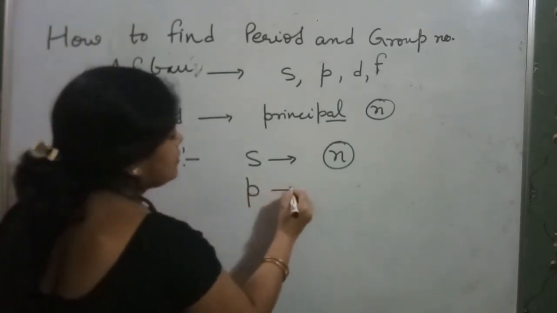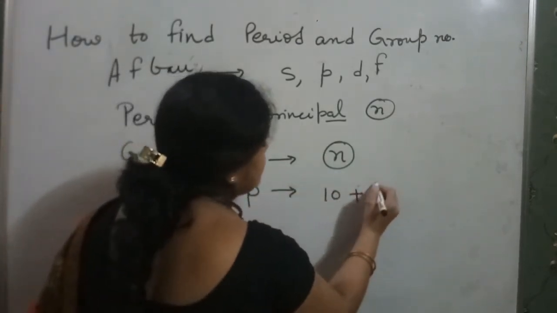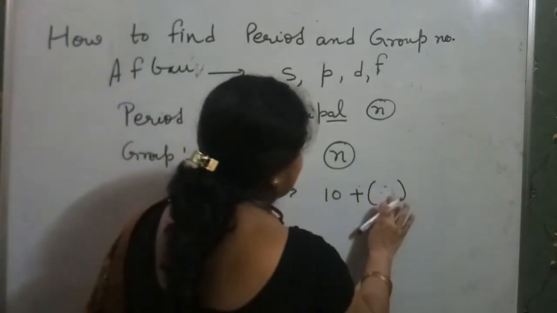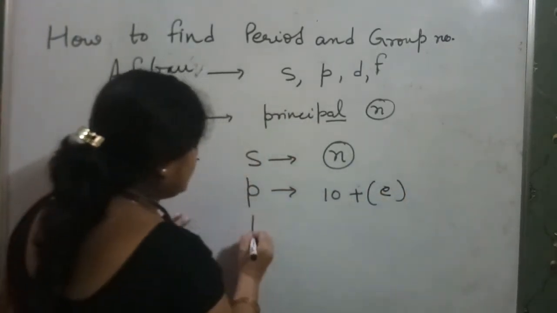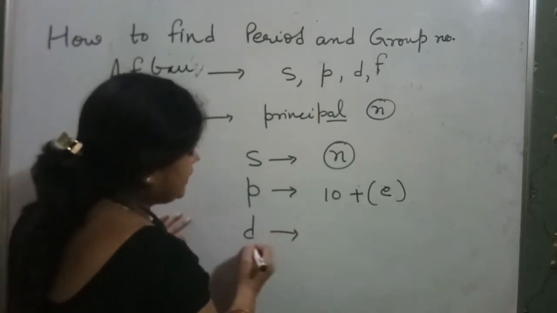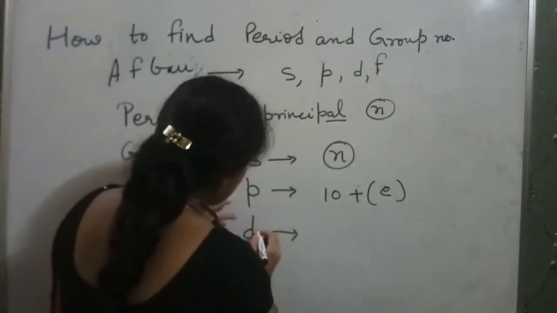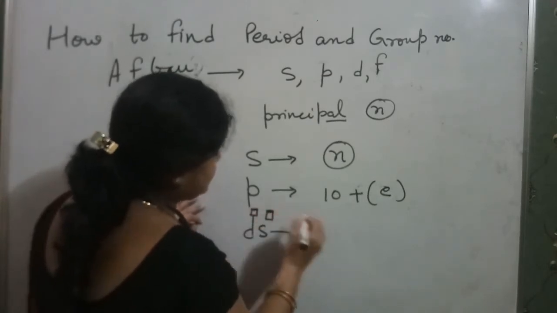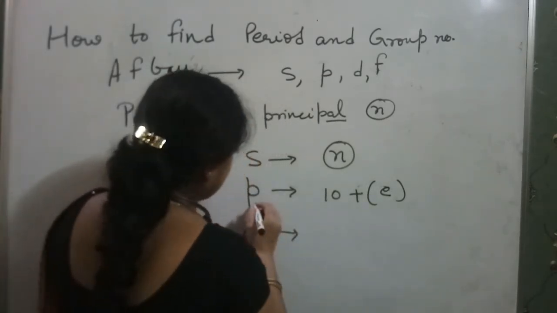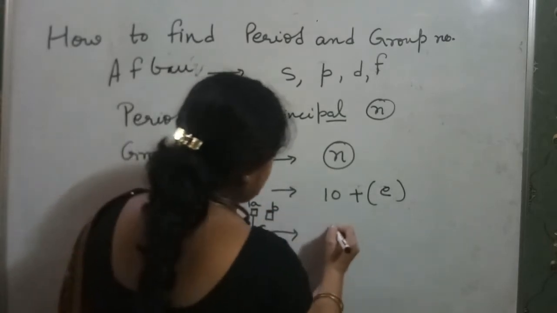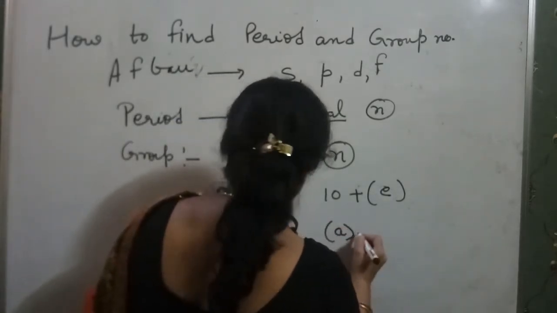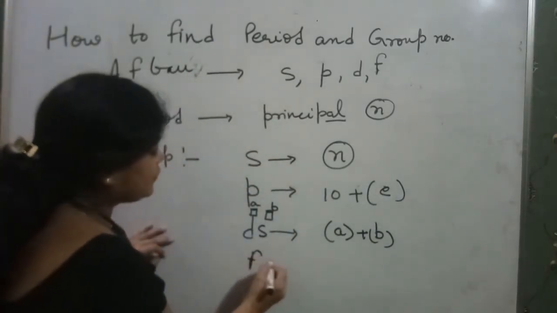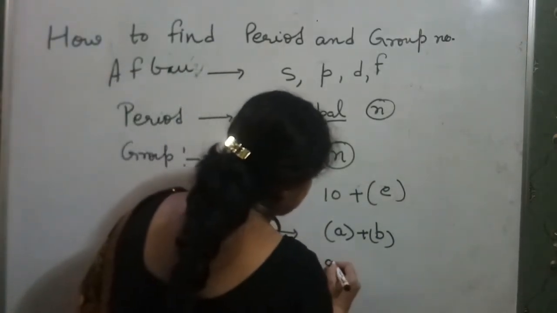For the p block we use 10 plus the number of electrons in the p orbital. For the d block we add the number of electrons in the d orbital and in the s orbital. For example, if it is a in d and b in s, its group is a plus b, and for the f block all of them belong to group 3.